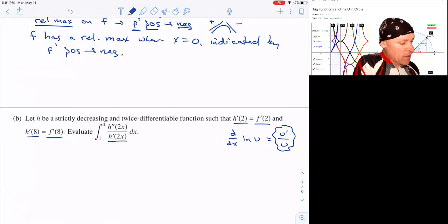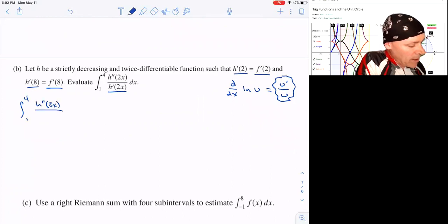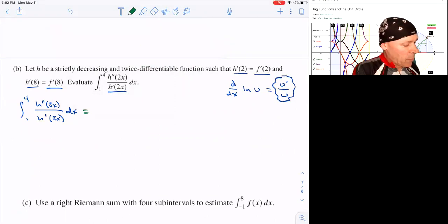So I'm just going to write this one. Start here: the integral from 1 to 4 of h double prime of 2x over h prime of 2x dx. If we recognize that, and this is pretty heavy on the symbolic nature, that's what they're checking on. The antiderivative is going to be 1/2. And why do we have that 1/2?